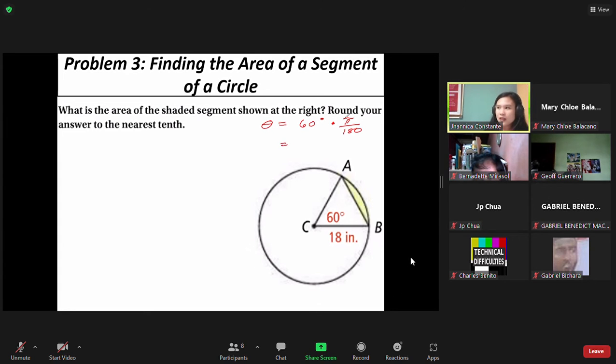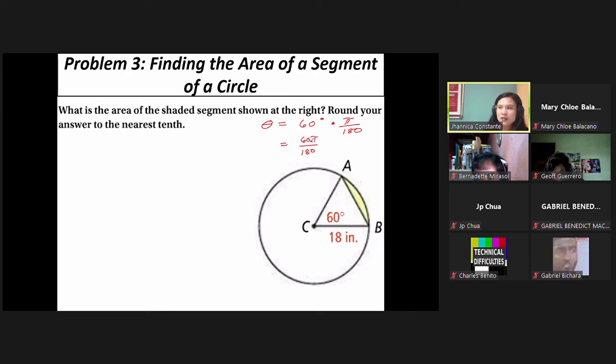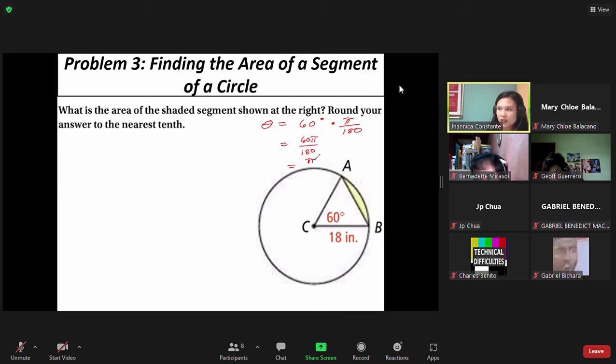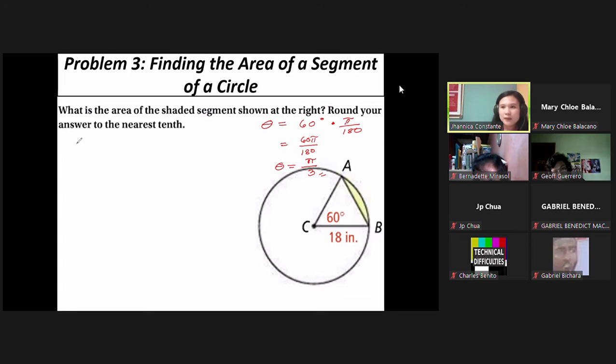So 60 times pi is equal to 60 pi over 180. In lowest terms, 60 over 180 is equal to 1/3, so pi over 3. So this is the one that we're going to use in the formula for the area of the segment for the measurement of the angle, which is pi over 3.